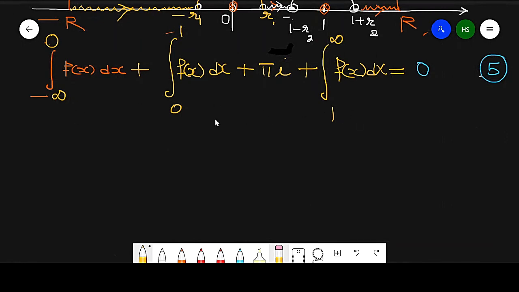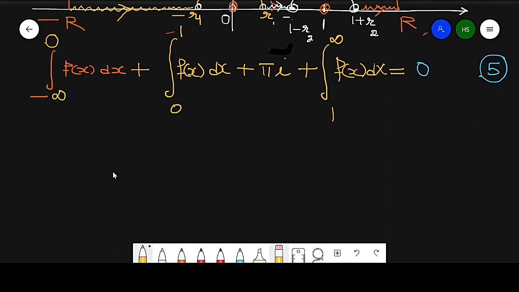Now here it is minus infinity to 0, this term, and 0 to infinity, 0 to 1 and 1 to infinity. So when we combine these two results, this will become 0 to infinity plus pi iota.